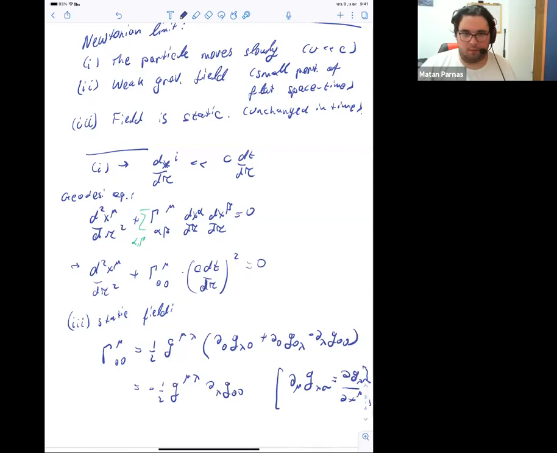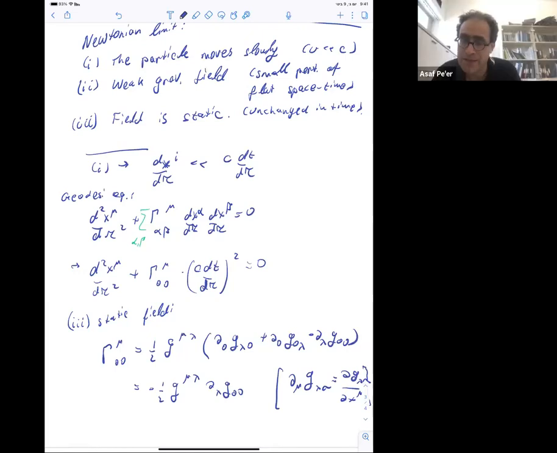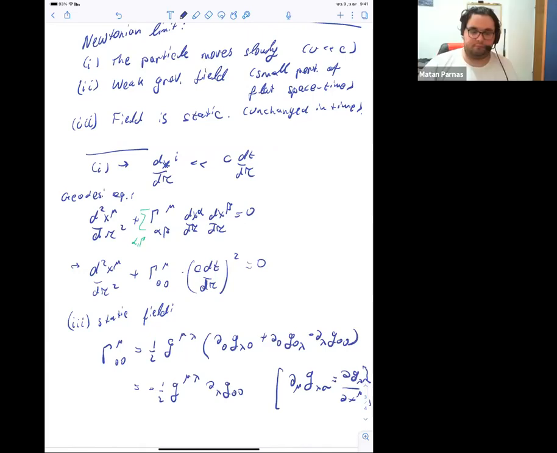Can I ask, when you rewrote the geodesic equation, you basically opened up the summation and used the fact that every other spatial component except for the 0th one is very, very small, so you neglected it, and so only the first one remained? Yes, precisely.